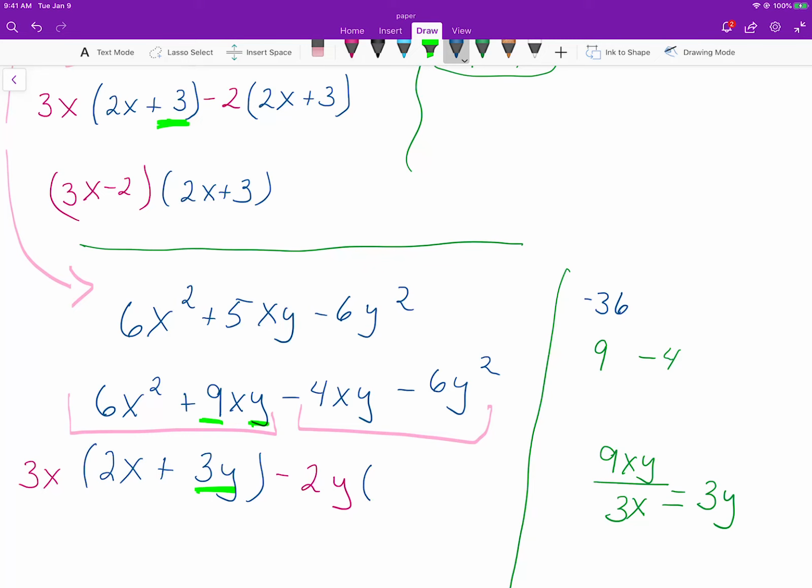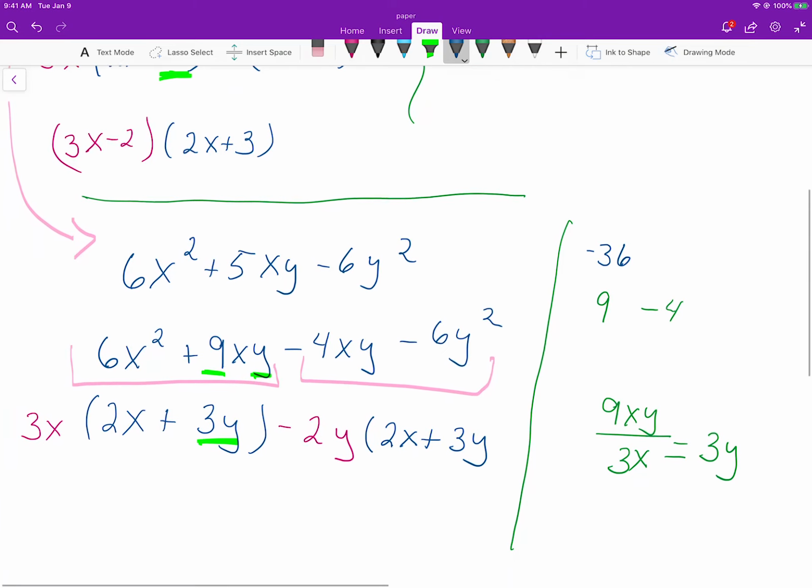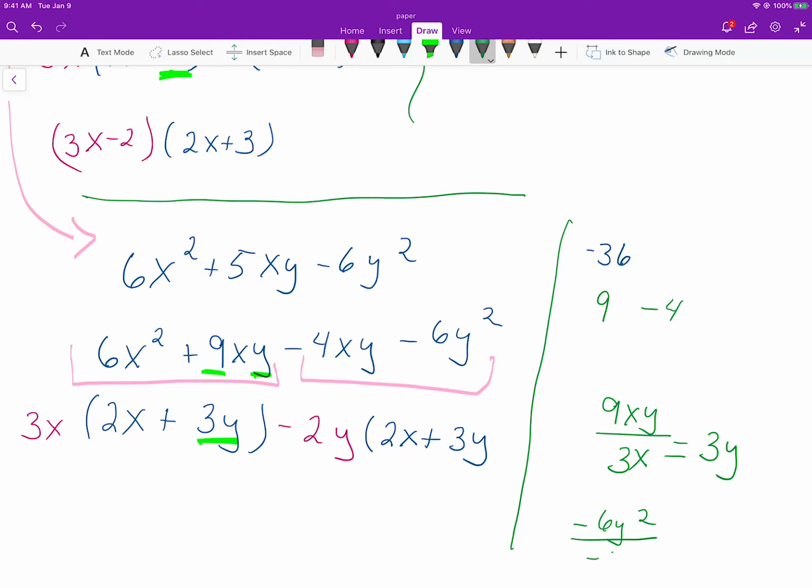And then when we factor, we're going to be left with 2x plus 3y. Because over here, for the second part, if we have negative 6y squared divided by negative 2y, I'll have 3y. That's where I'm ending up with 3y.